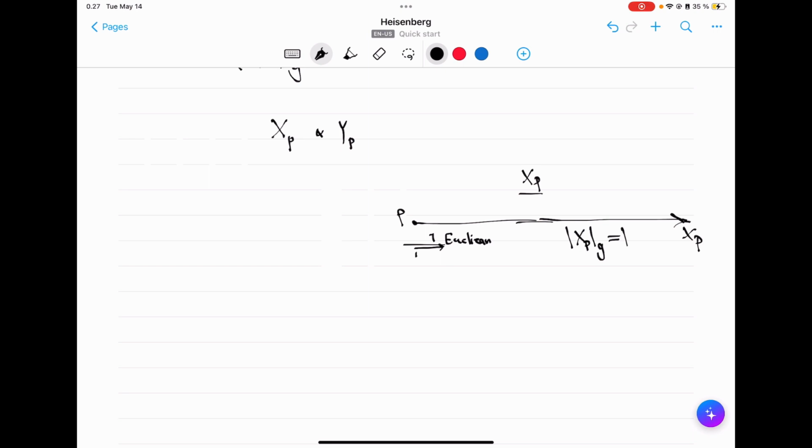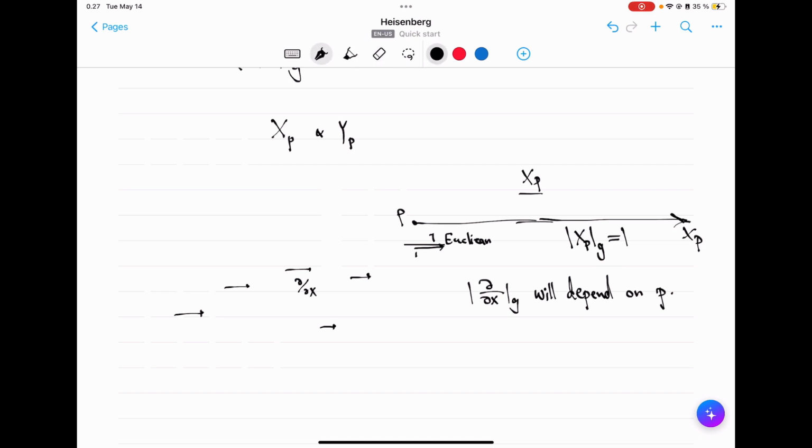And this necessarily means that partial x's length will now depend on P, on what point you are looking at. So previously all of these partial x's had unit length in R3, but now that length changes from one point to another.